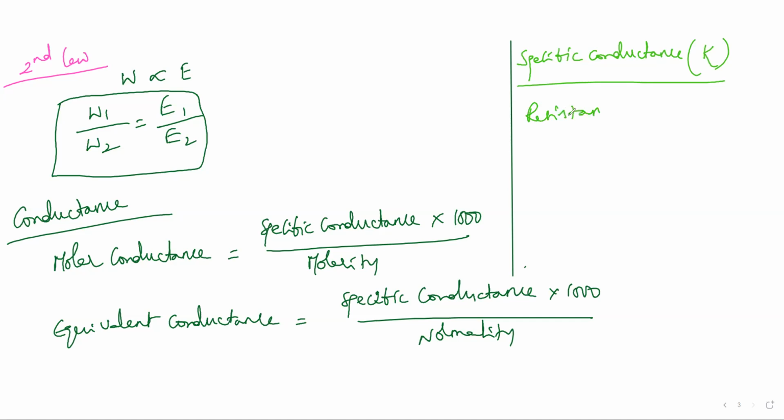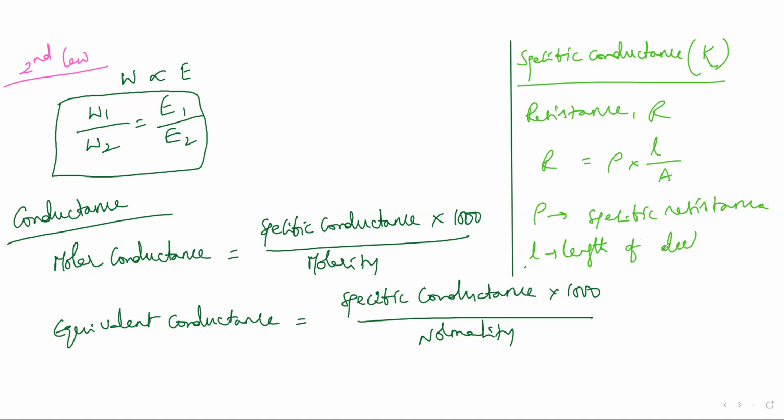Resistance, that is R. R is equal to rho into L by A. What is rho? Specific resistance. L is length of electrode. A is area of cross section.